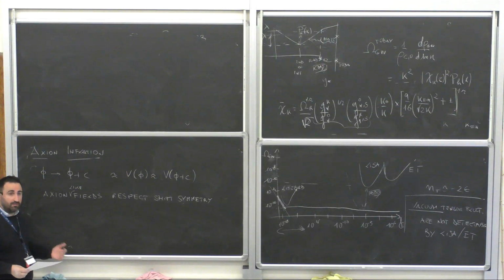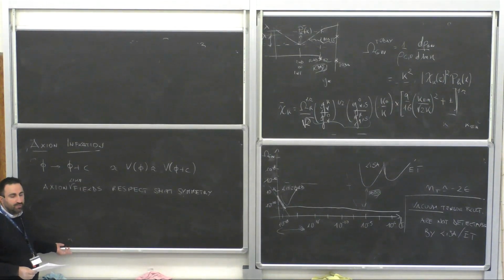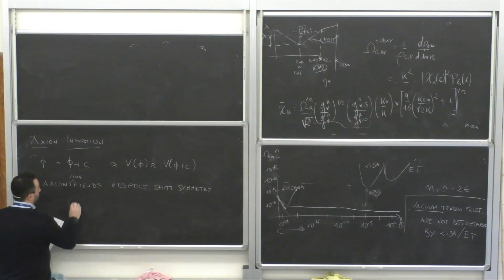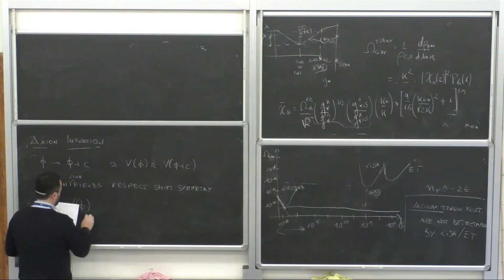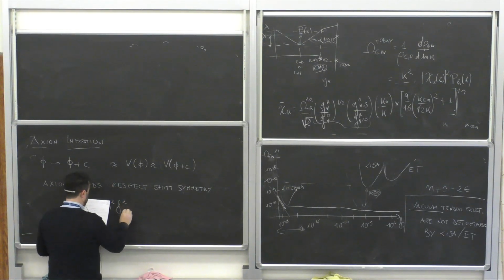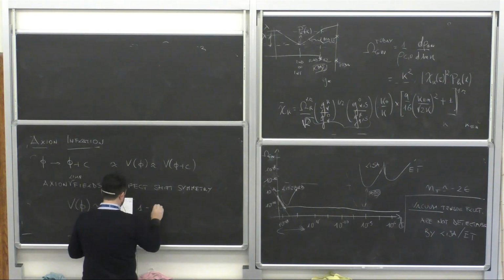So in order to keep this radiative correction under control, you need to impose this shift symmetry. One typical potential that you have for this axion-like field is this.